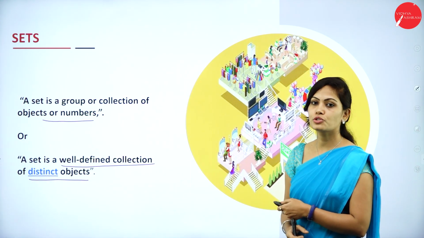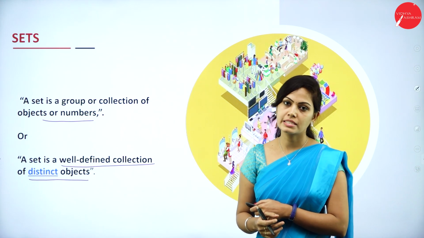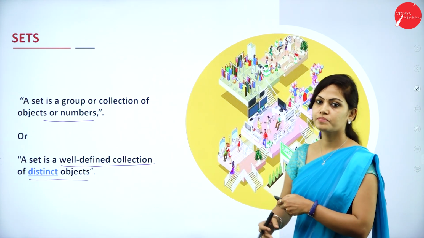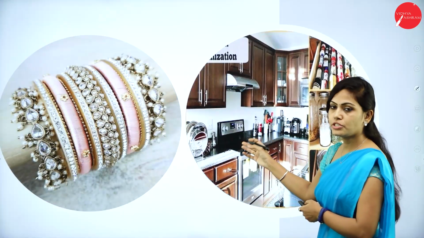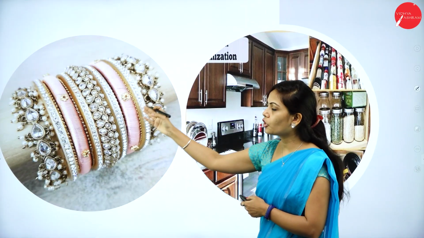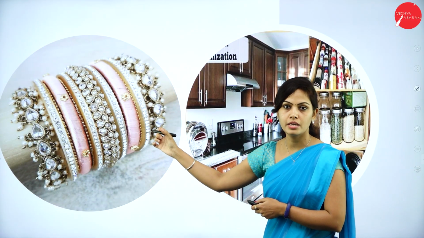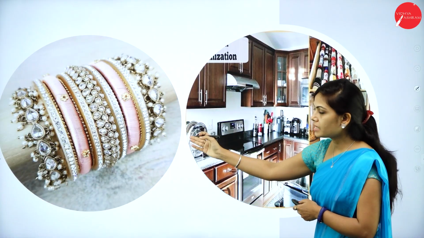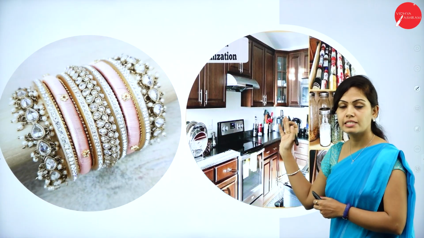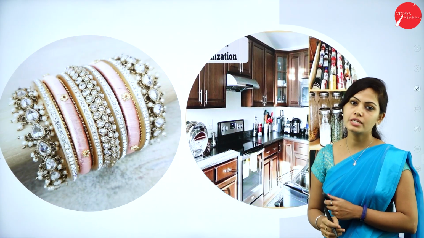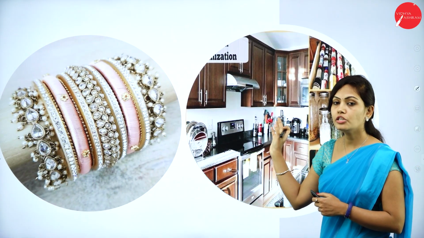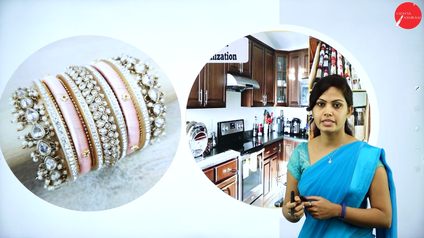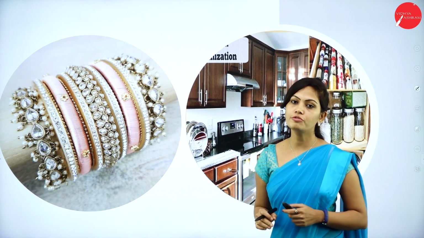And we have many examples of sets in our daily life. You can see the image here. Bangle set and kitchen is the most relevant example for sets. So this is the definition of sets.